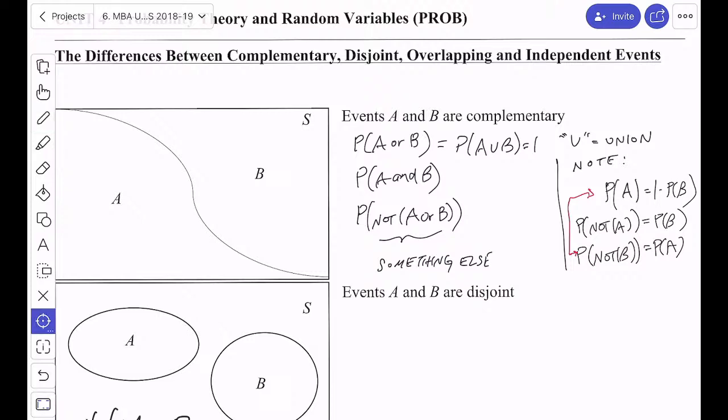So either A happens or B happens. There's nothing else that can happen. If A happens, it means B did not happen. If B happens, it means A did not happen. And I can use that to compute probabilities. Knowing one, I can know the other. All right, think about that for a bit. So what's the chance of A and B happening at the same time?